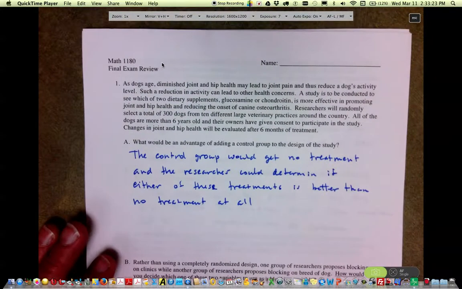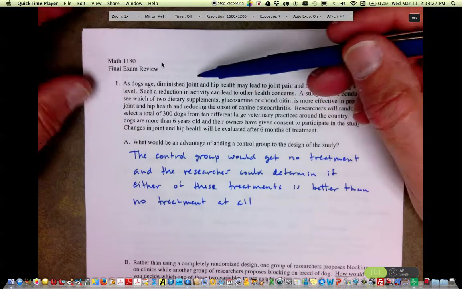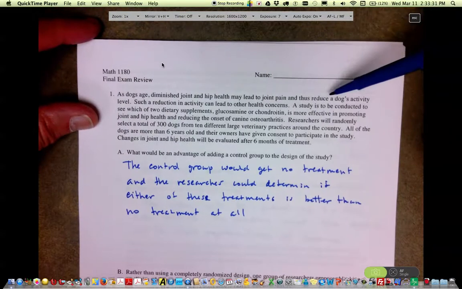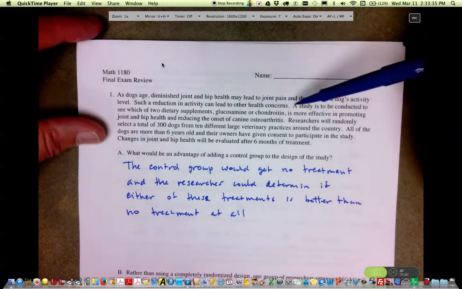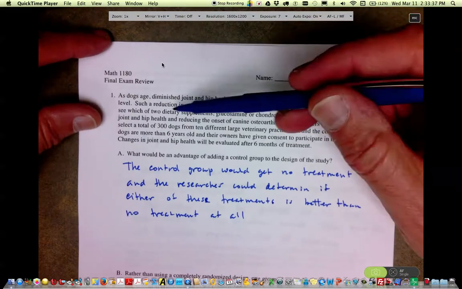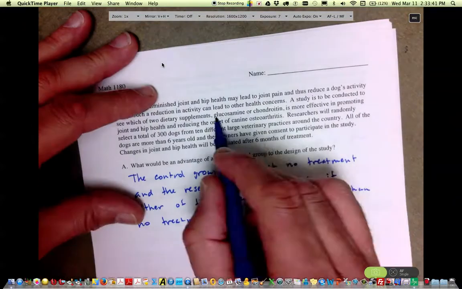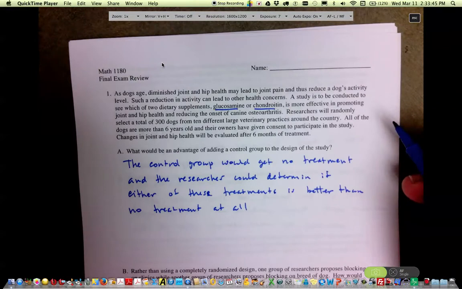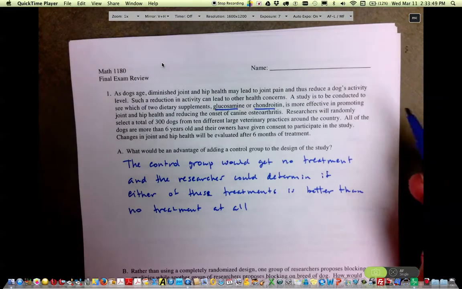But this first one is about the dogs. As dogs age, diminished joint and hip health may lead to joint pain and thus reduce the dog's activity level. Such reduction in activity can lead to other health concerns. A study is to be conducted to see which of two dietary supplements, and we don't have to know anything about those, just that they're two treatments, is more effective in promoting hip health and joint health.